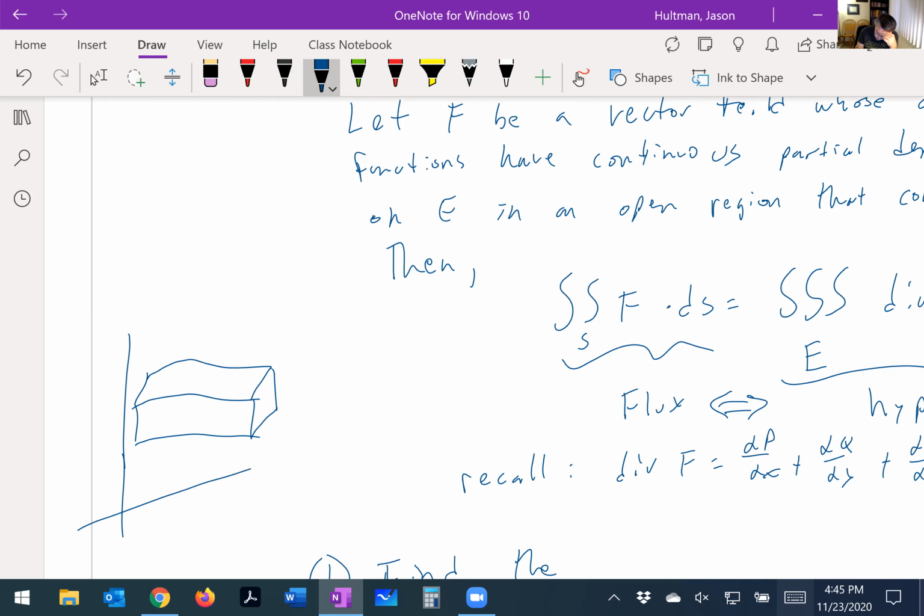It doesn't look good. This whole thing is E. E is a simple solid, and let S be the boundary surface of E.